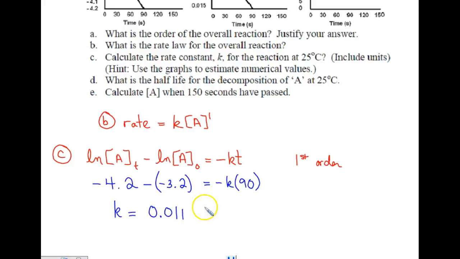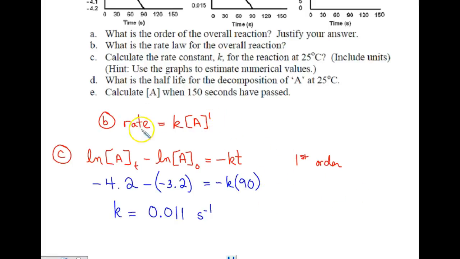And then the units, very specific on this. Since this is first order, we know that the units have to be in reciprocal seconds. Now the reason why we know that, I'm going to look back at our rate law.